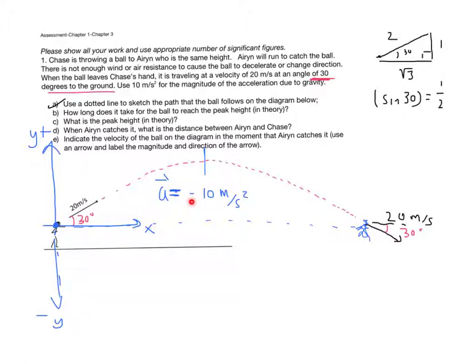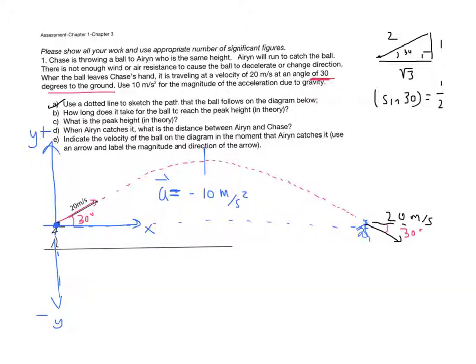Okay, how long does it take to reach the peak height in theory? In theory, the only thing acting in the y direction is the acceleration due to gravity. If I break this velocity vector down into its components, we know it's 20 meters per second in that direction.